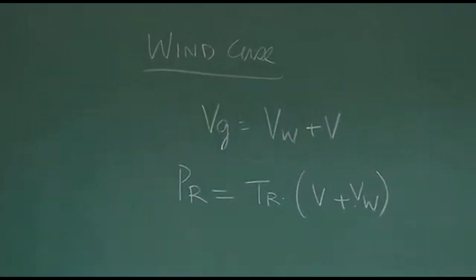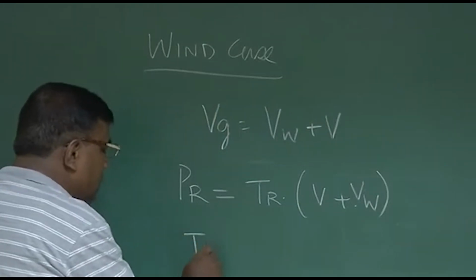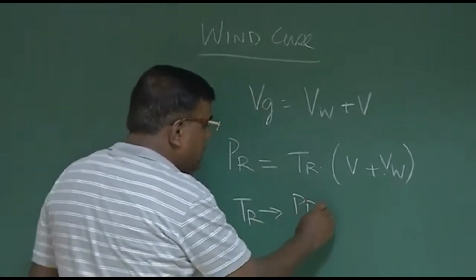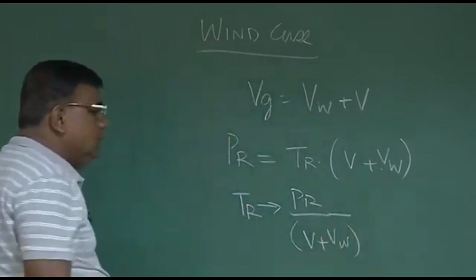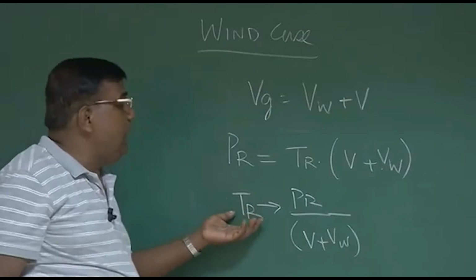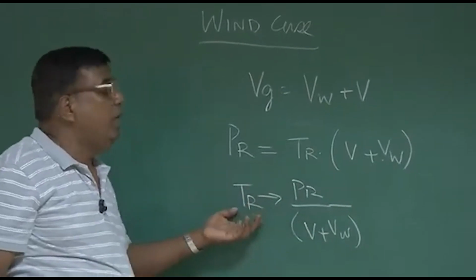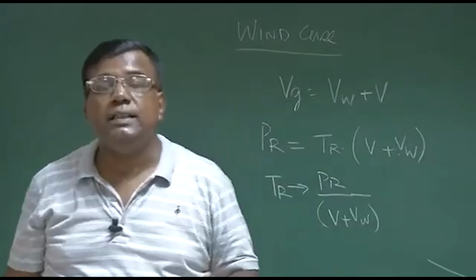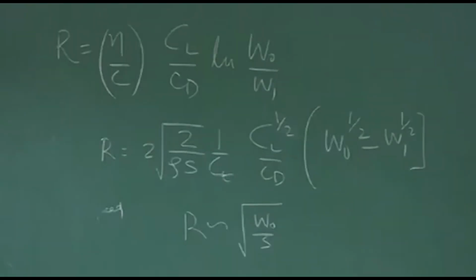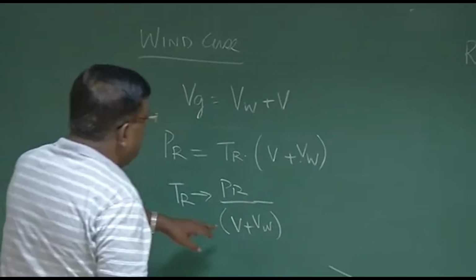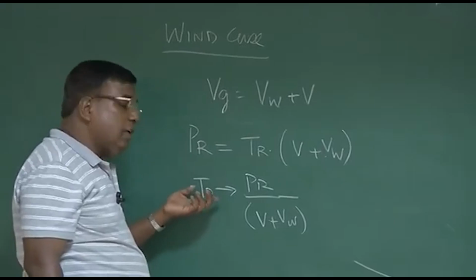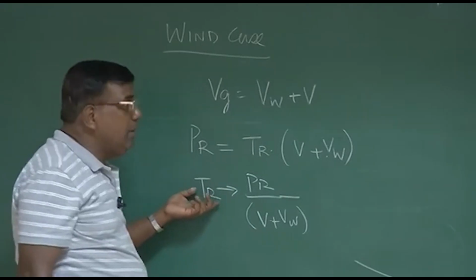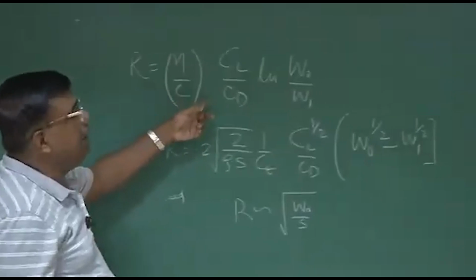So in this case, thrust required is power required divided by V plus Vw. And now this TR, which is PR by V plus Vw, has to be minimum so that the CL by CD will be maximum and hence range will be maximum. Is the statement clear? Now it is V plus Vw. So in this case, the thrust required should be minimum, and thrust required minimum means CL by CD is maximum, and CL by CD maximum means the range is maximum.